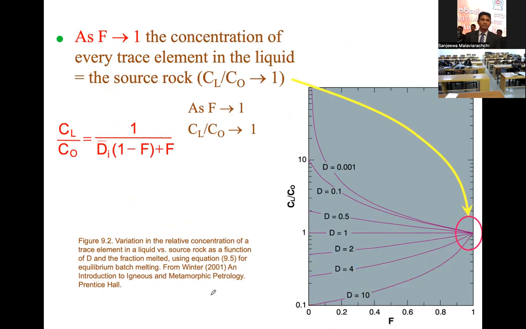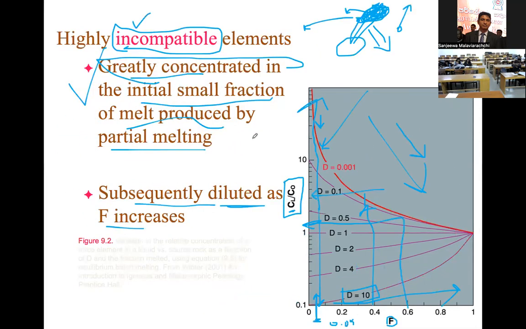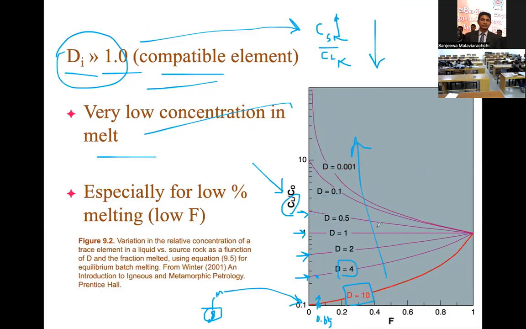We can again see the same graph with increasing F. Previously, at a constant F value, we varied the partition coefficient and checked, for highly incompatible elements and for highly compatible elements.